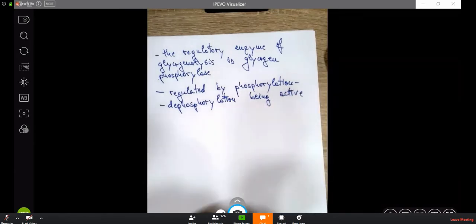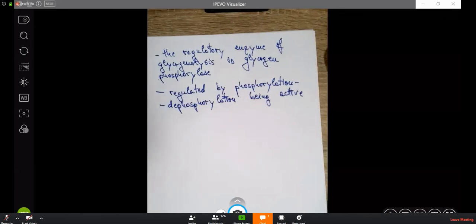And now we have to think about glucagon and insulin. So, is insulin going to love or to hate this process? Is glucagon going to love or hate this process? Insulin wants my blood glucose levels to remain low, so insulin is not going to like glycogenolysis.